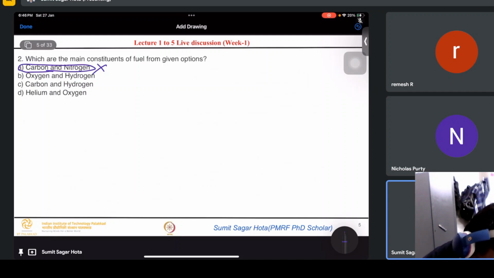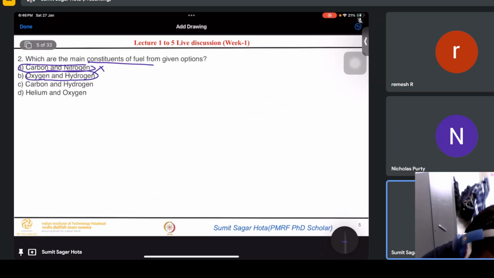Actually, this question is incomplete. Constituent of a fuel means you may confuse. Hydrogen can be a fuel, and oxygen and hydrogen will be the correct option.